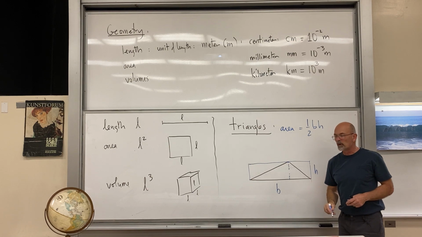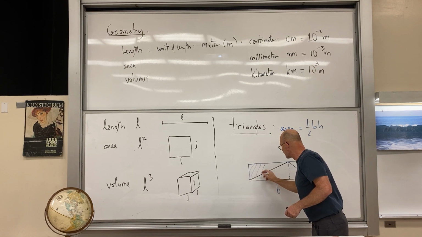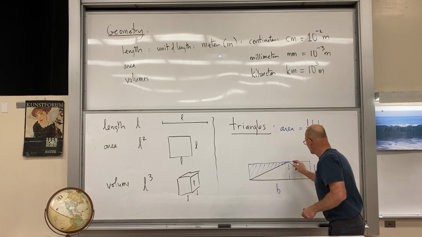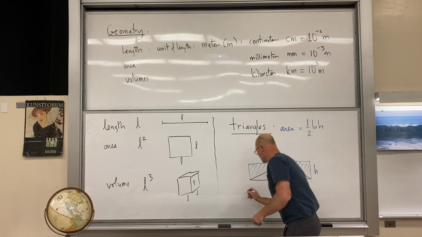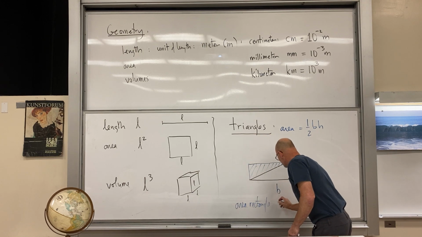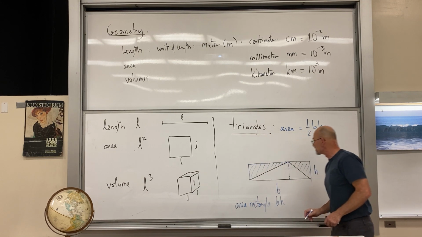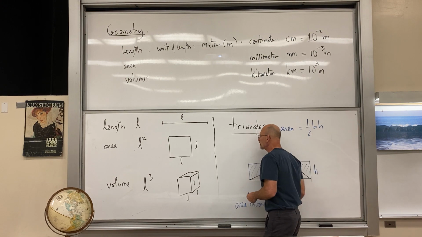That's an important formula for triangles, and I'll just kind of indicate what I said here. Area of the rectangle was B times H, and therefore 1/2 base times height. Yeah, that's something we'll make use of.